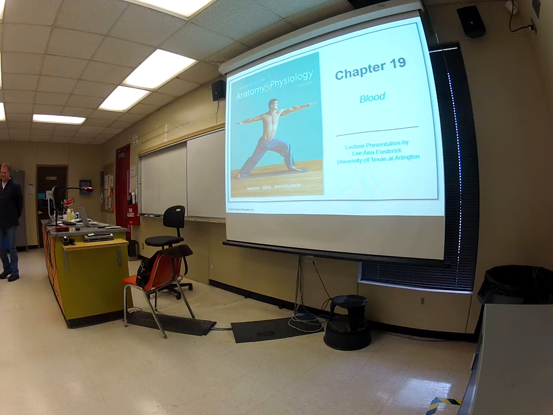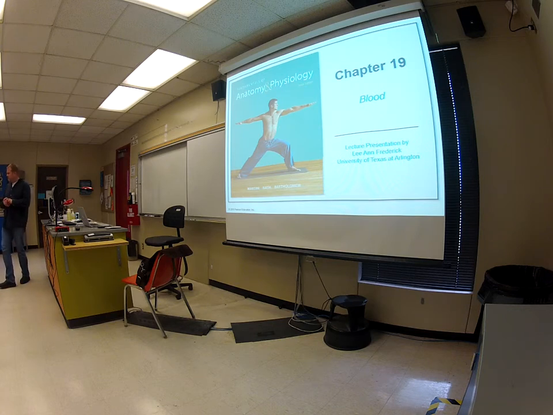So if we have too much fluid, water, in our bloodstream, okay, so blood is 55% plasma, 45% RBCs, less than 1% white blood cells. It's also called the Buffy coat.